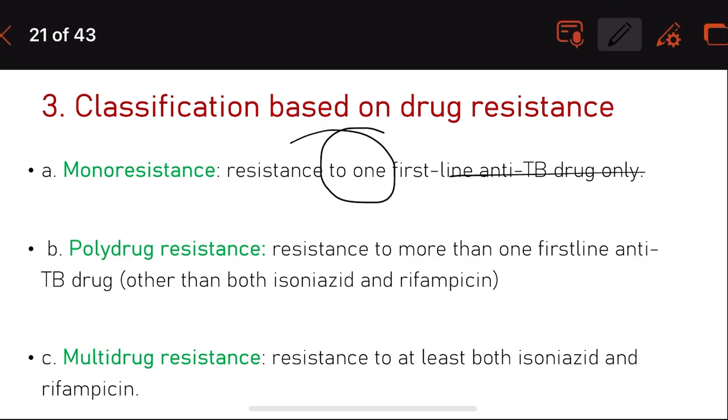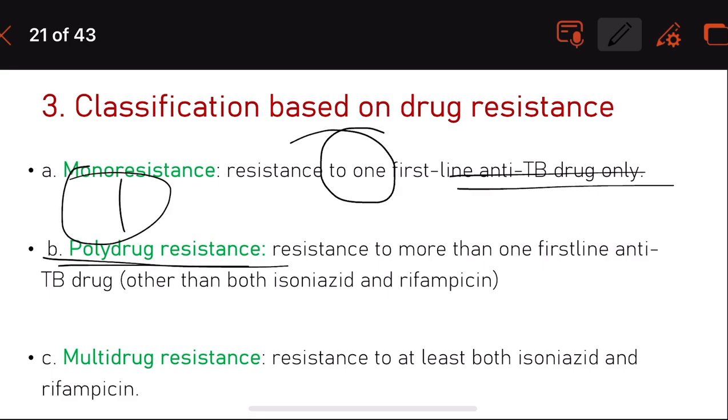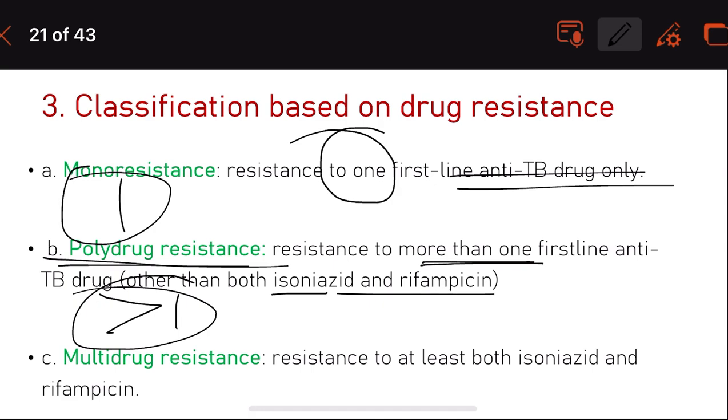Polydrug resistance is resistance to more than one first line anti-TB drug, other than both isoniazid and rifampicin together.